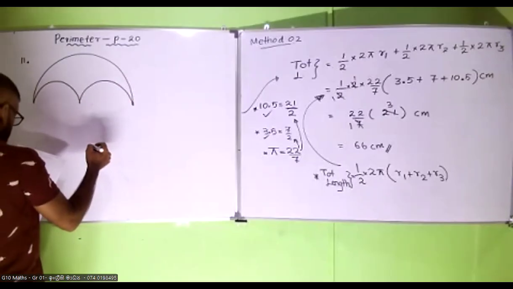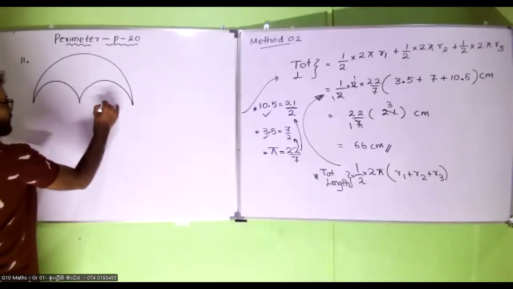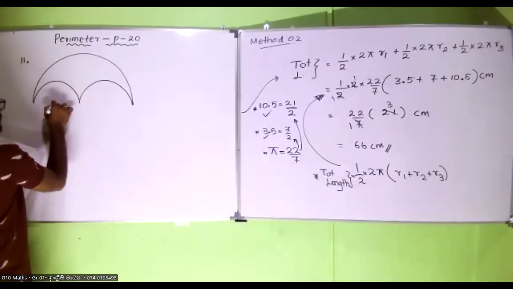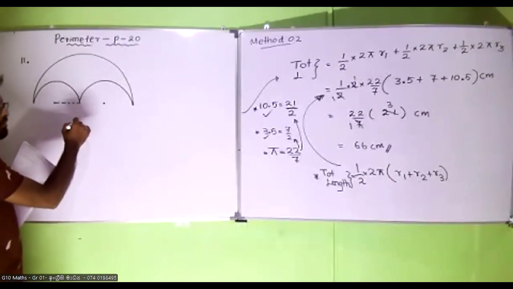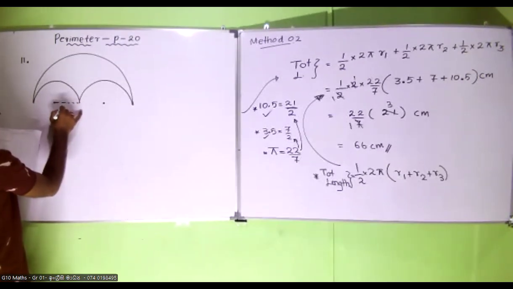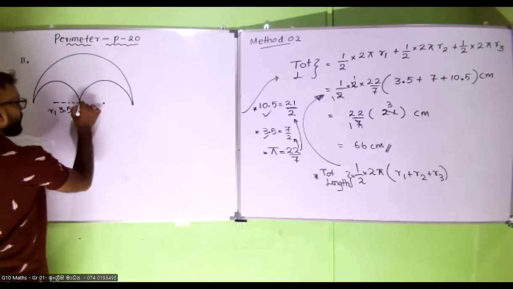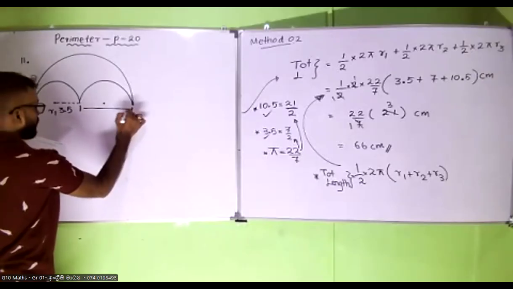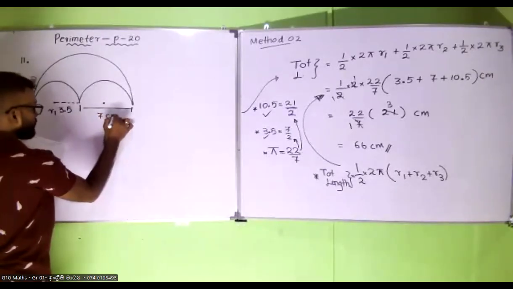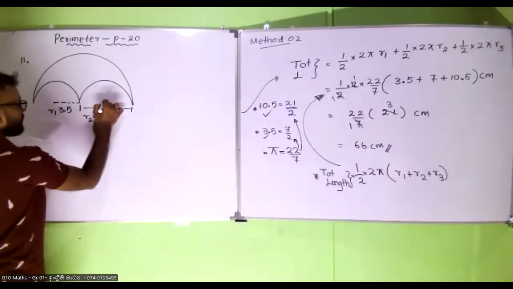For a small half circle, the radius will be 3.5 centimeters. Sorry, not diameter, radius. And the big one, the radius will be 7 centimeters. I will take it as R2.